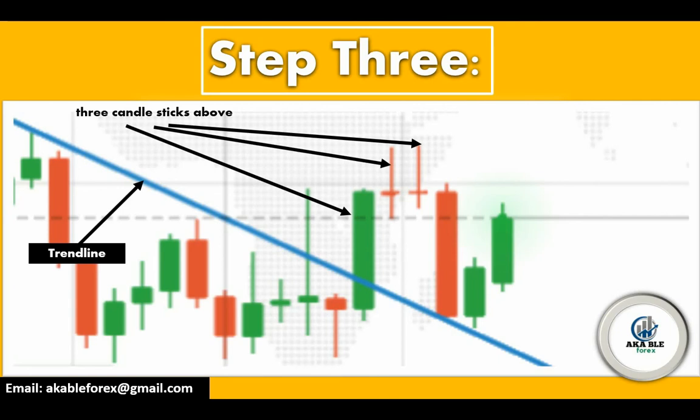Now we need to identify a point of entry. To identify a point of entry, you always use the 15-minute time frame in this strategy. Once there are at least 3 candlesticks above or below the trend line, you execute the trade.